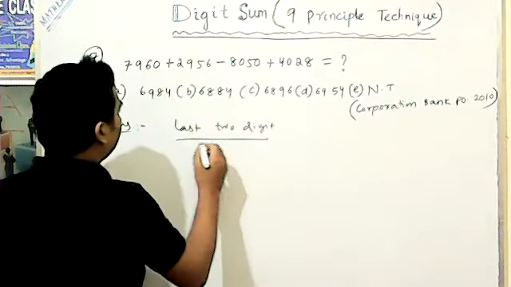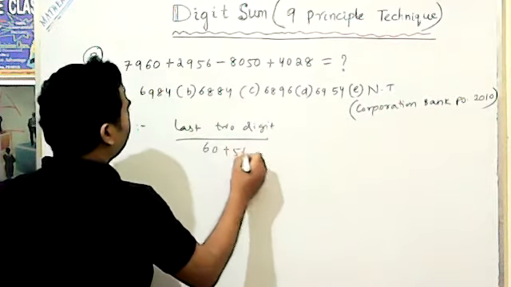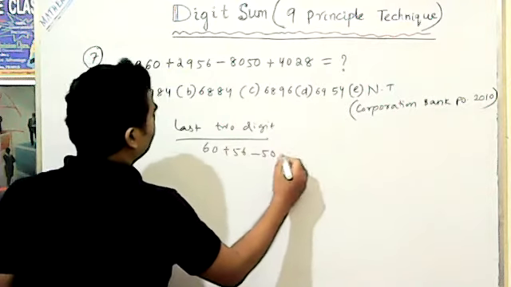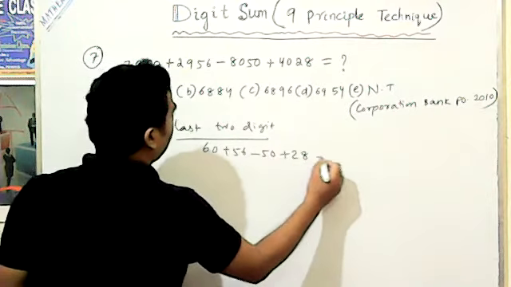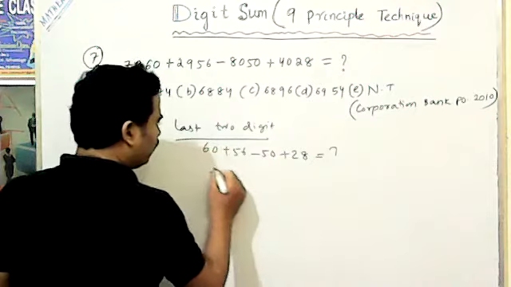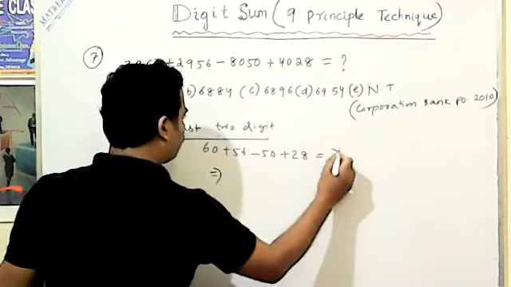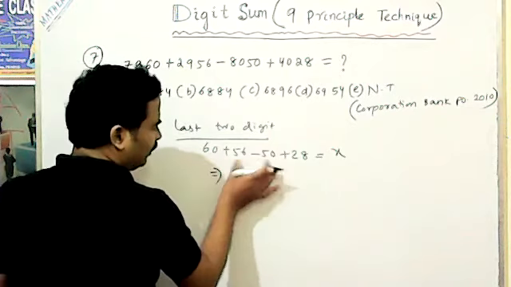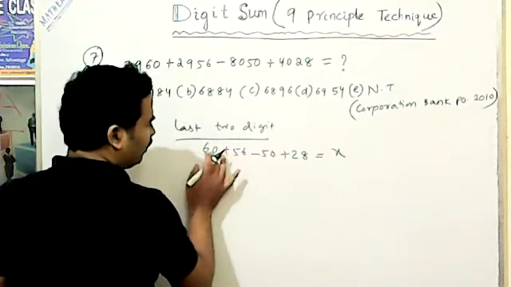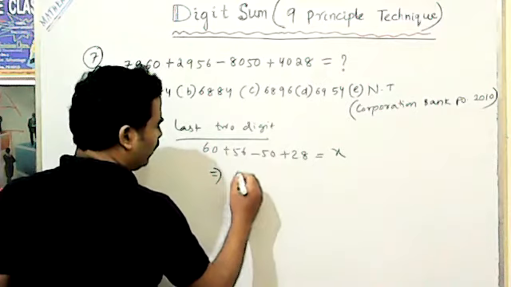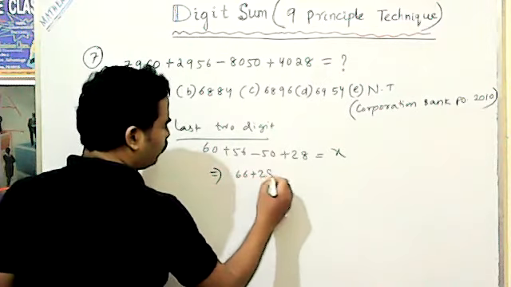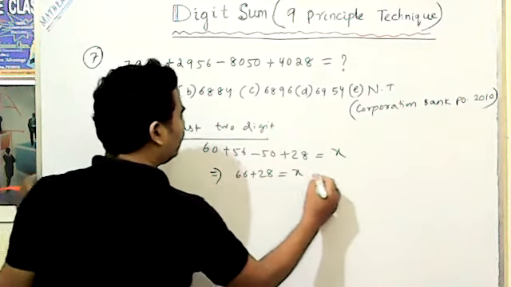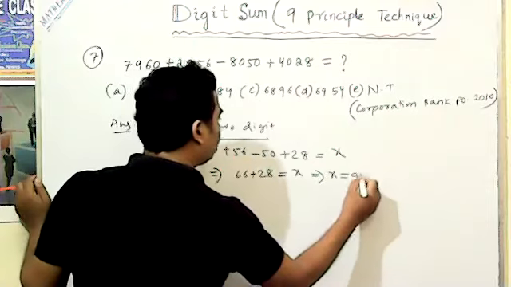So the last digits: 6056 minus 50 plus 28 is equal to this. Suppose this value is equal to x. So that value comes to 66 plus 28. 66 plus 28 is equal to x, which means x is equal to 94.